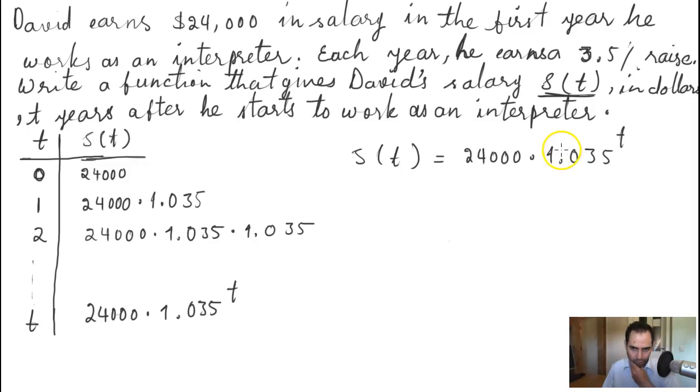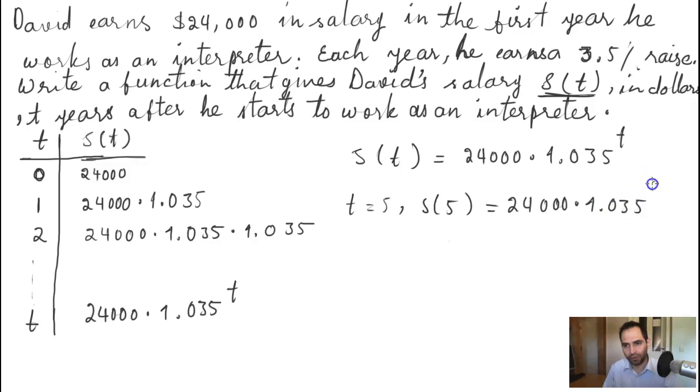Now it's important to understand how you came up with this function and what it represents and what the output actually means. What I mean is that if you put t equal to 5 and you calculate s of 5, which is equal to, for example, 24,000 times 1.035 raised to the 5th power, that means this is David's salary after the end of the, let me see.